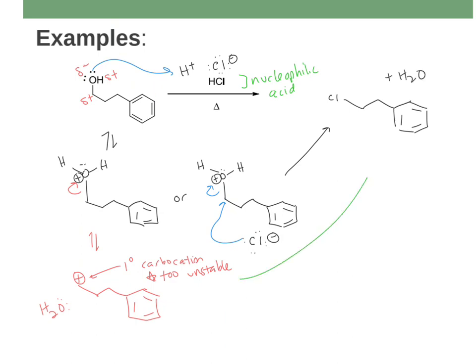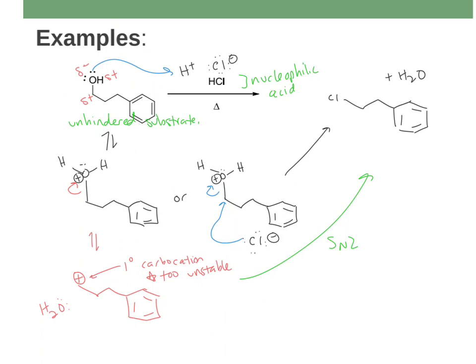So this is all going to be SN2-like, right? We have a good leaving group. That leaving group is not just going to pop off. It's going to stay on there until a nucleophile attacks from behind. And in this case, right, we have an unhindered alcohol, which means that that leaving group can't leave by itself because you can't form a good carbocation.